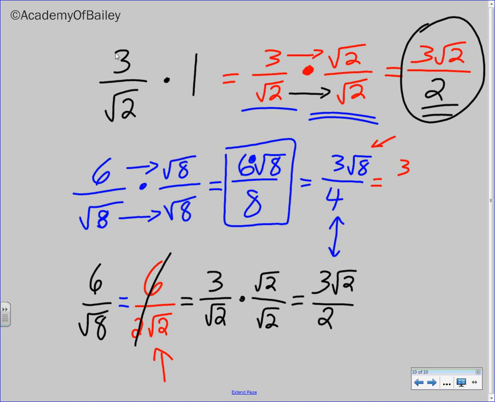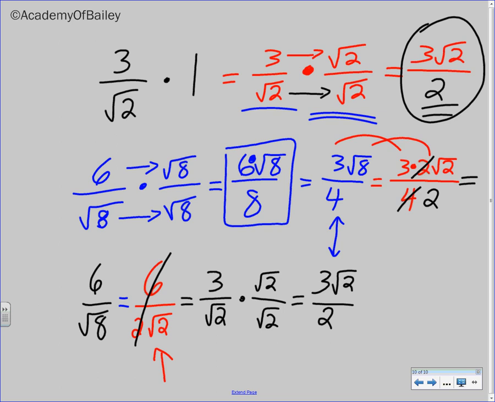So on top, we have 3. And then the square root of 8 becomes 2 square root of 2. Put a multiplication sign there. And on bottom, we have 4. I'm going to go ahead and reduce before we go any further. I know 2 goes into 2 once, and 2 goes into 4 twice.